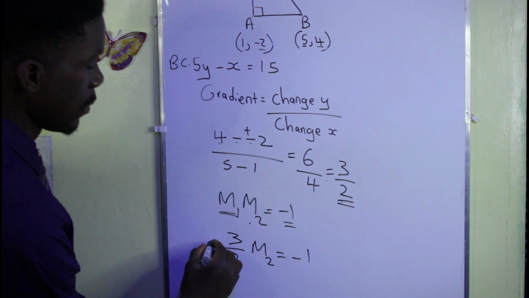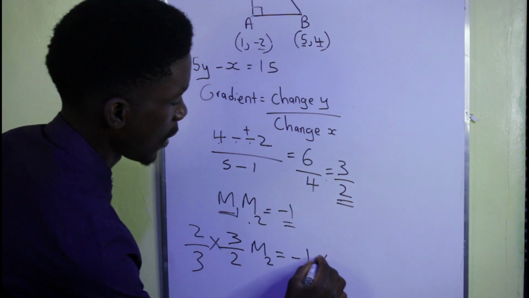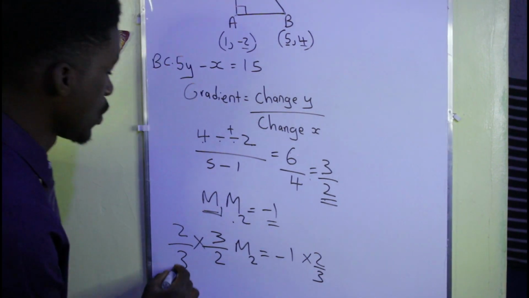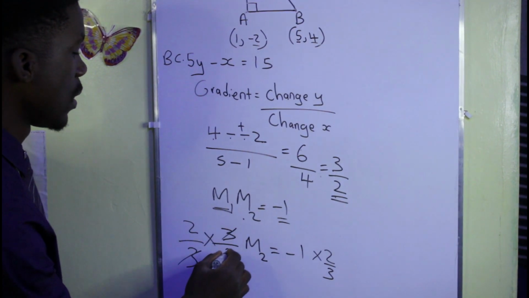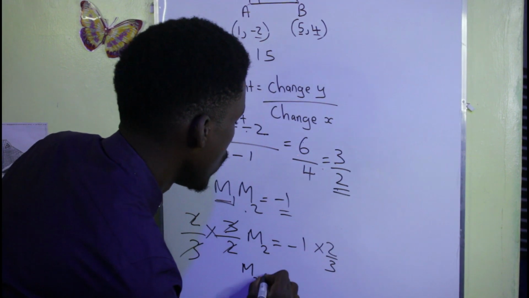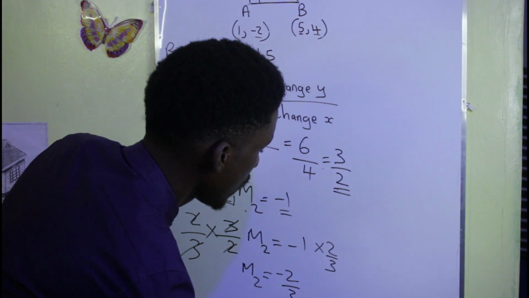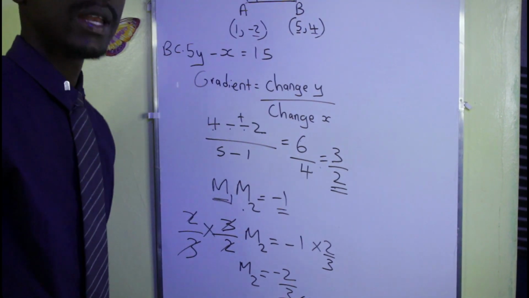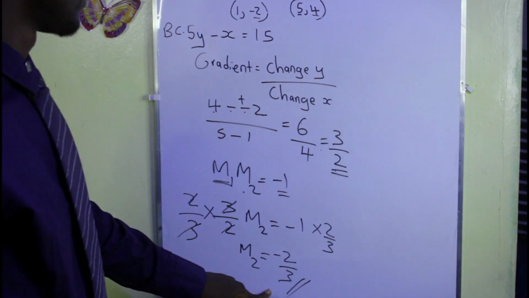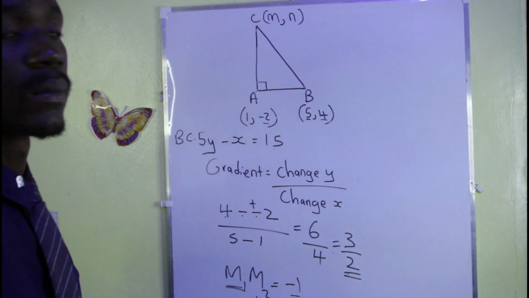So let's multiply both sides by 2/3. This one cancels out, so our m2 will be equal to -2/3. So we already have the gradient of AC.